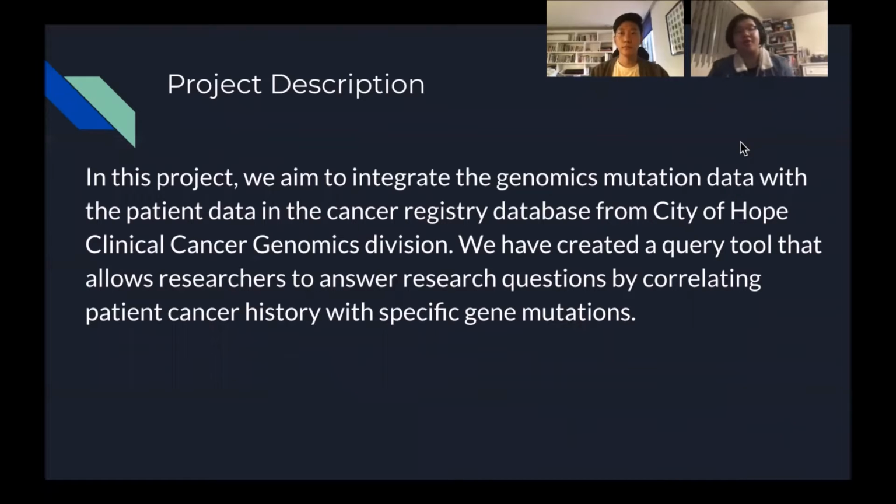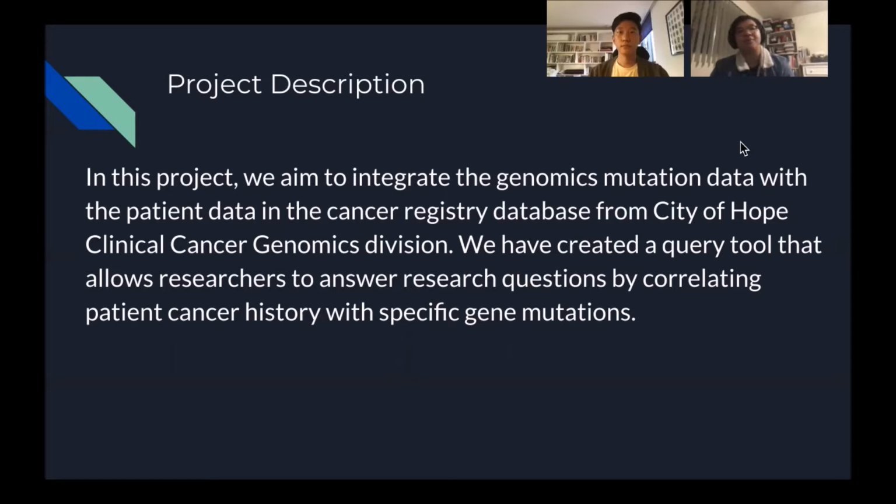Jay and I have created a query tool that integrates these two data and allows researchers like myself to answer research questions by correlating patient cancer history with specific gene mutations.